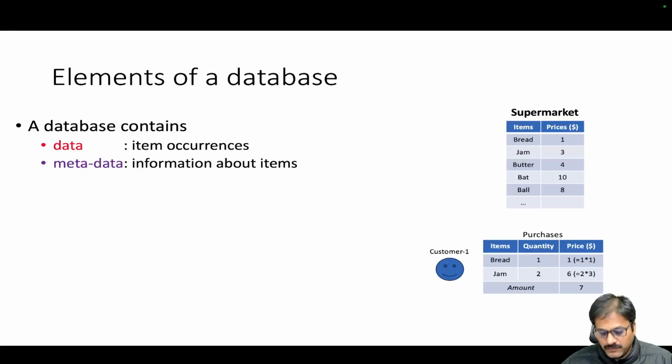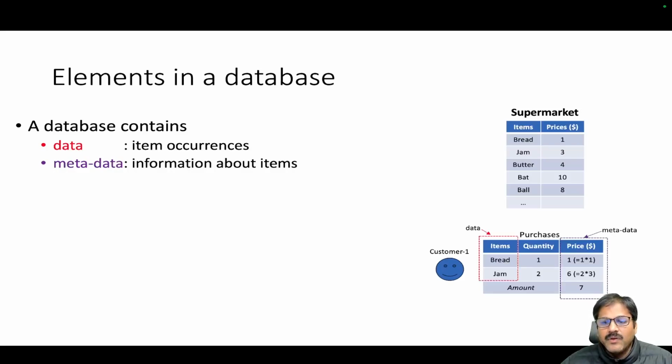Now, if we look at the customer purchase data, there are two elements, data and metadata. Bread and jam represent data, because they are the ones that the customer has purchased. Metadata means the additional data that describe the customer purchases.